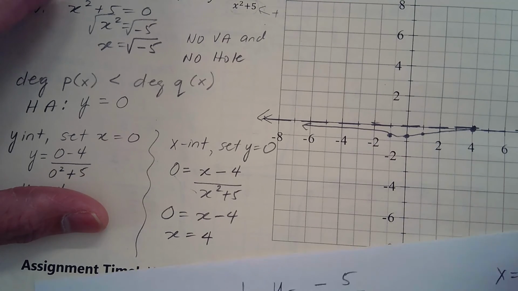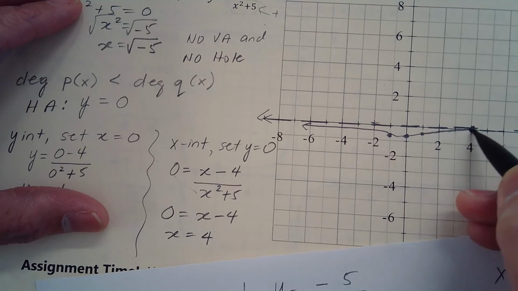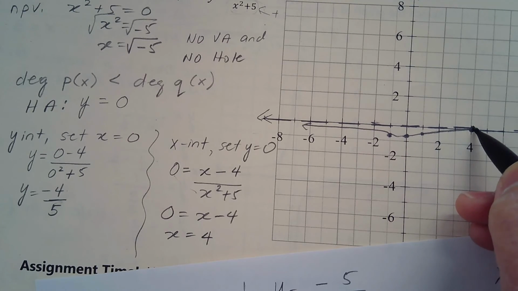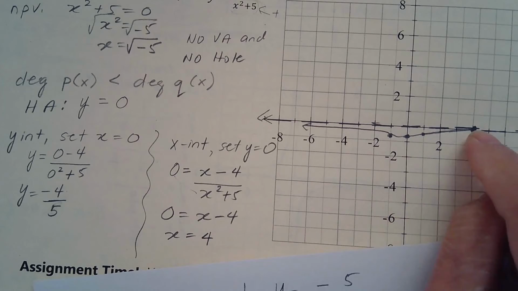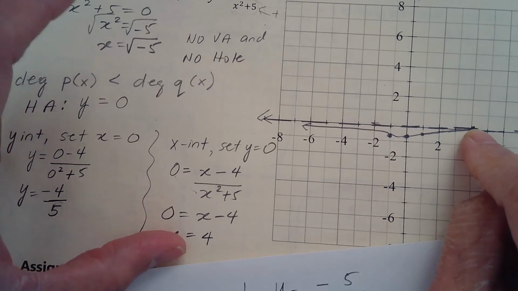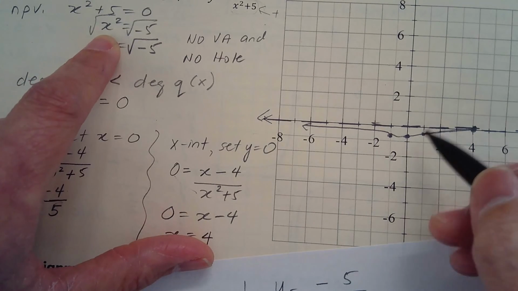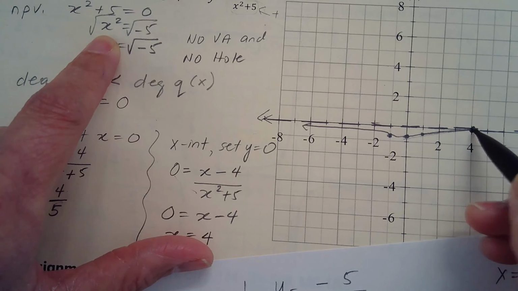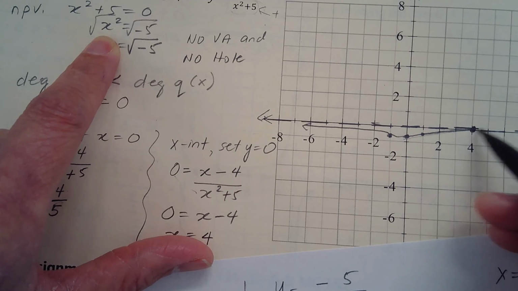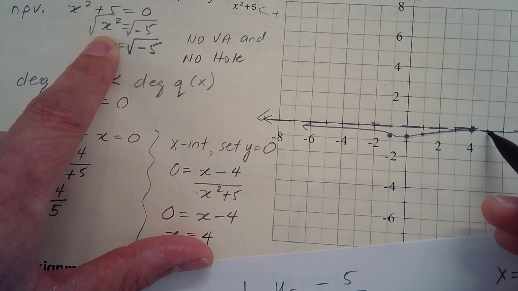And then it's going to cross the x-intercept at 4. And there is no disagreement between the x-intercept and the non-permissible value. So that's why it's going like that. Now this is the behavior. What about 5? When x is 5, what would happen?